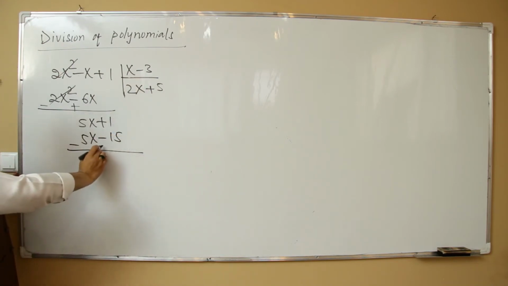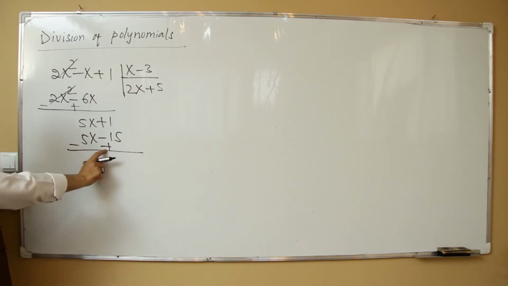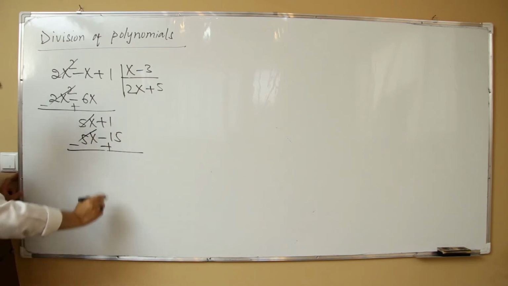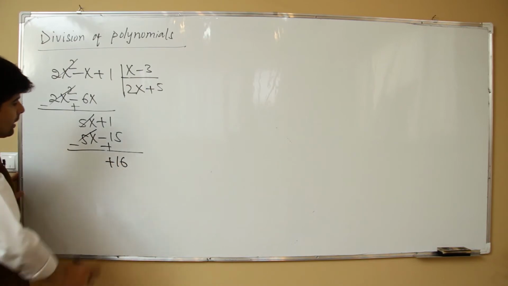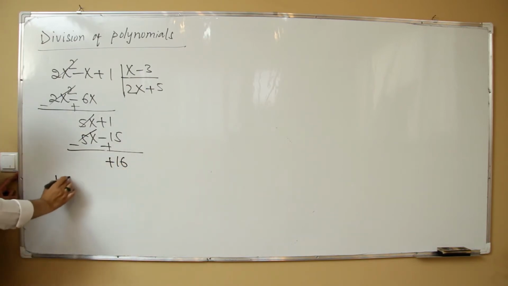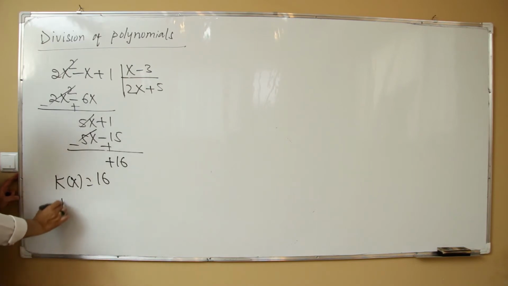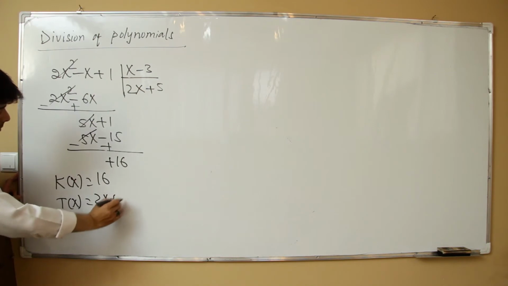Now you can subtract both terms. Minus takes plus, so you can cancel this one. Plus 1 with this one, it is plus 16. If I ask you what is the remainder, the remainder is 16. What is the quotient? The quotient is 2x plus 5.